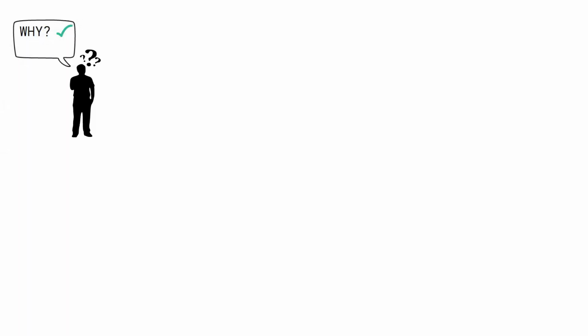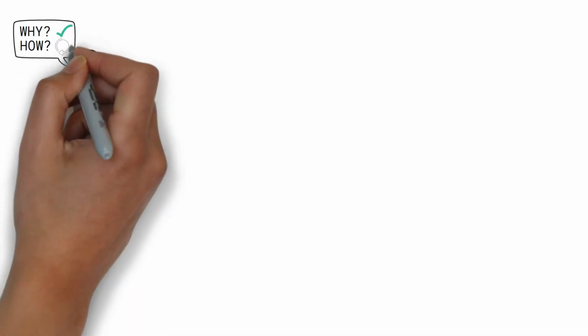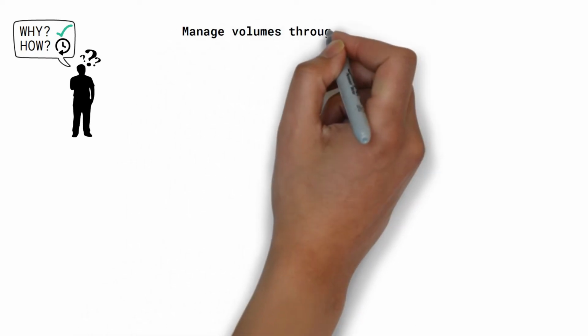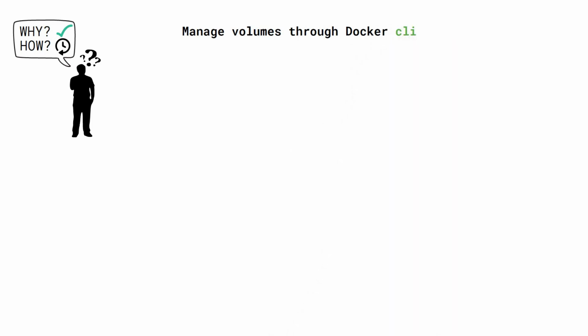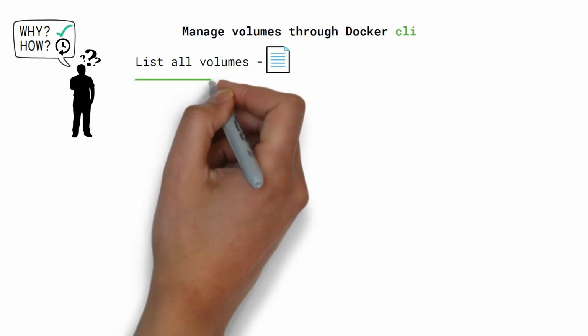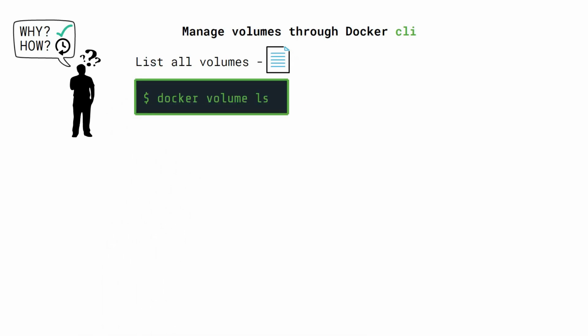Now that we know the why, let's look at the how. Unlike bind mounts, we can manage volumes directly through the Docker CLI. These are the commands that you should be familiar with. To list all volumes, we use the docker volume ls command.